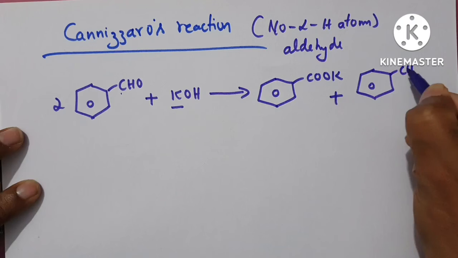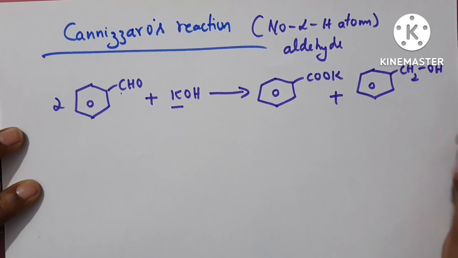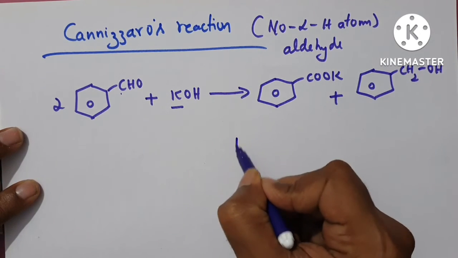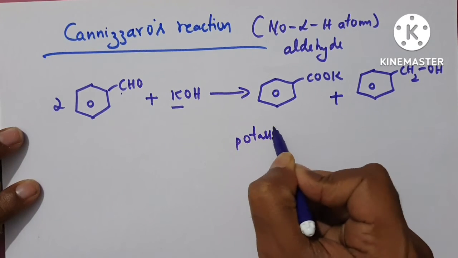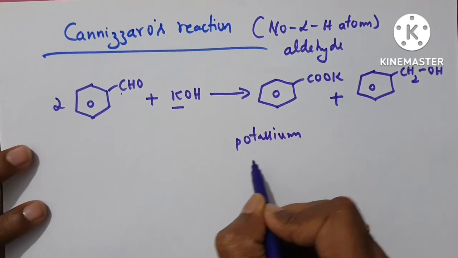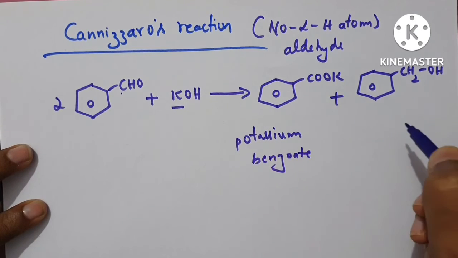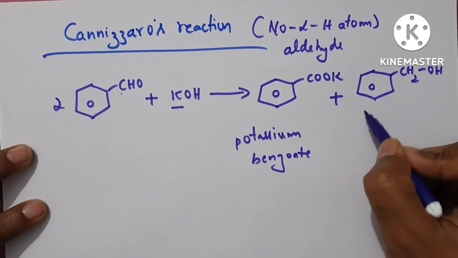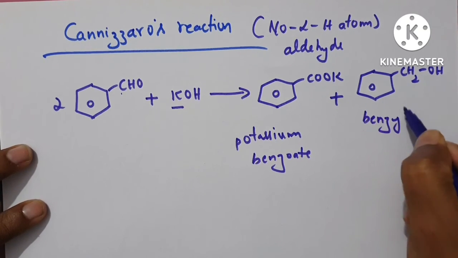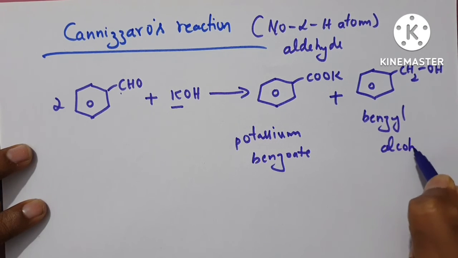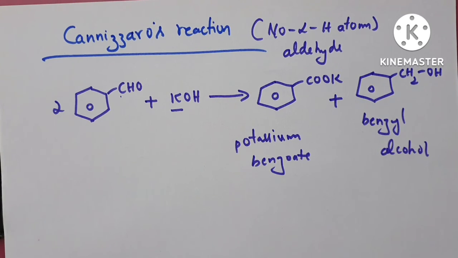A benzyl alcohol is obtained. So this is known as potassium benzoate, and the other one is benzyl alcohol.